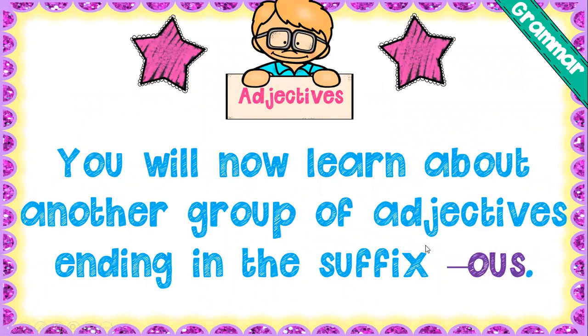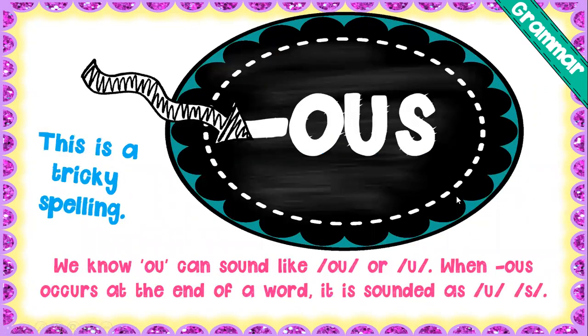Now we're going to look at some adjectives that have a special suffix, OUS. We know that OU can sound like O or U, or it can say something else. When OUS occurs at the end of a word, it is sounded as us.